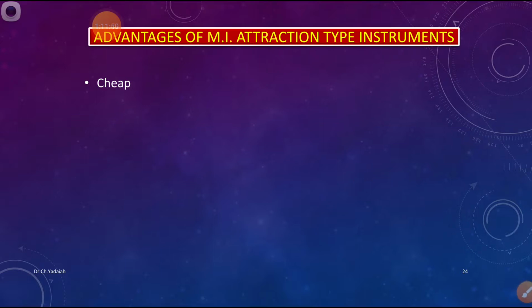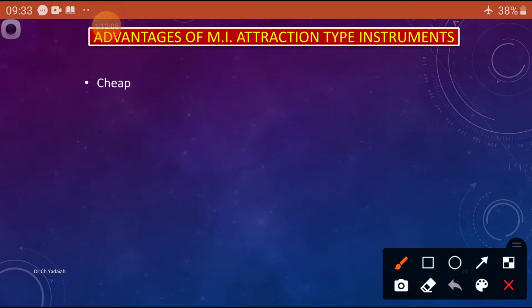Now what are the advantages of attraction type instruments, whether repulsion or attraction, compared to moving coil instruments? The moving iron instruments are very cheap and best.